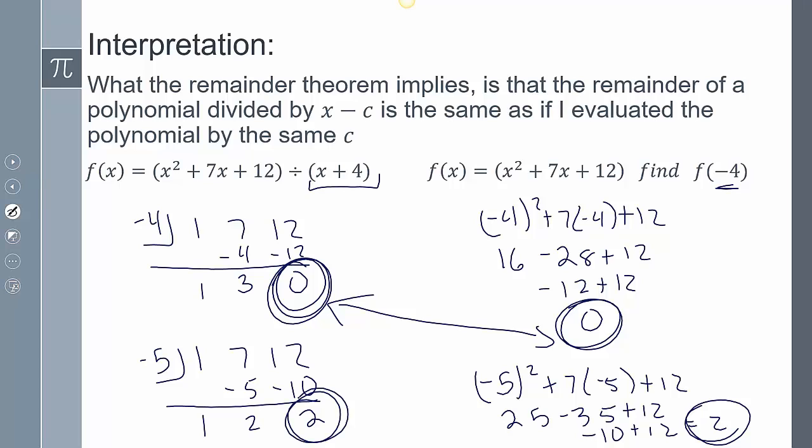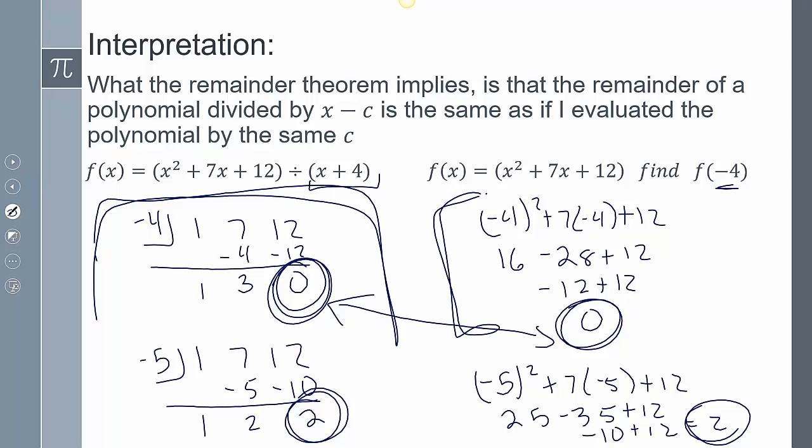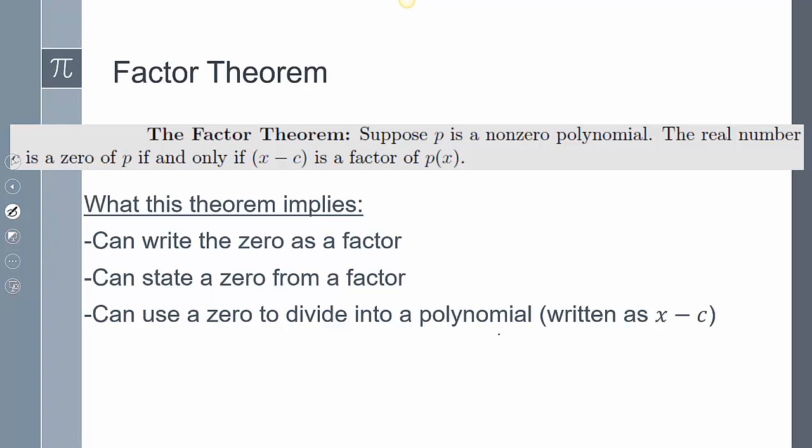Those values are exactly the same. Now, a nice thing about the remainder theorem is this was so much quicker, right? Using that synthetic division was so much quicker than me trying to evaluate here. So that's going to be one thing that's nice about the remainder theorem, is I can set it up like synthetic division and work it through that way because it's a much quicker and easier process.